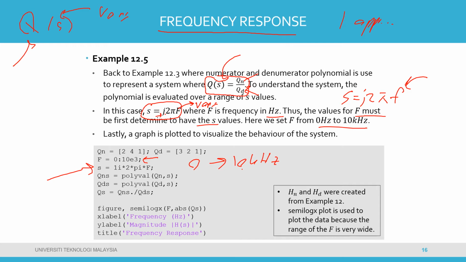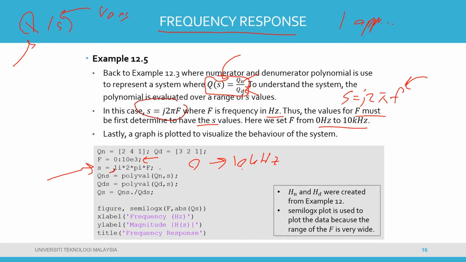Both are frequency domain, but the s domain is this equation. So you cannot just put i, you have to put 1i, multiplied by 2 pi f. You just multiply it.